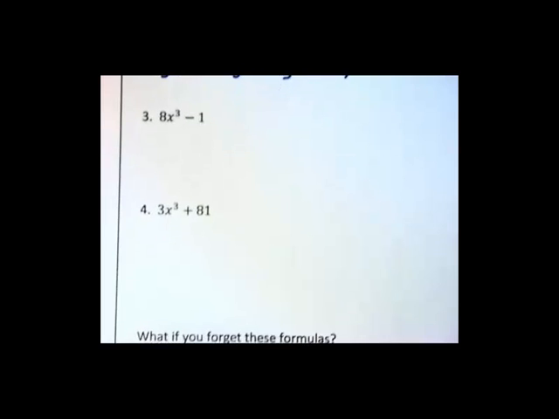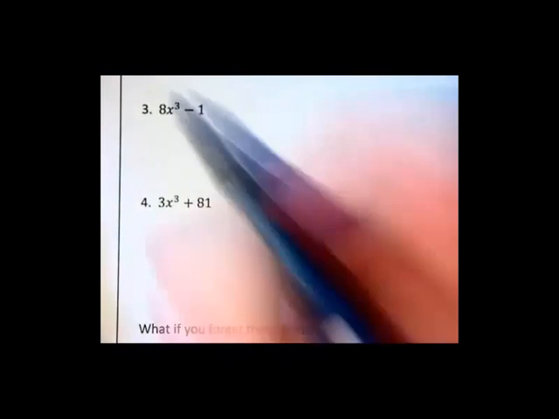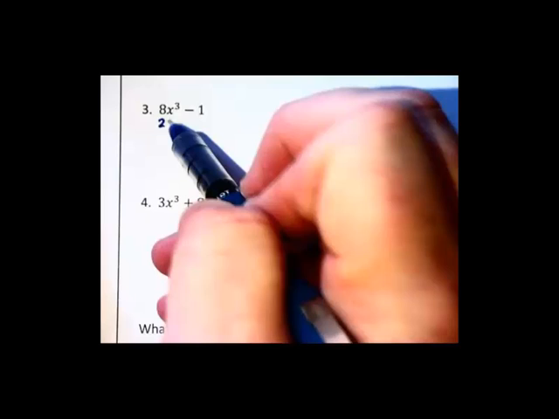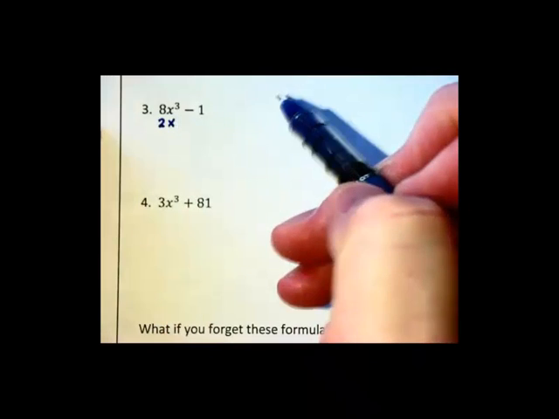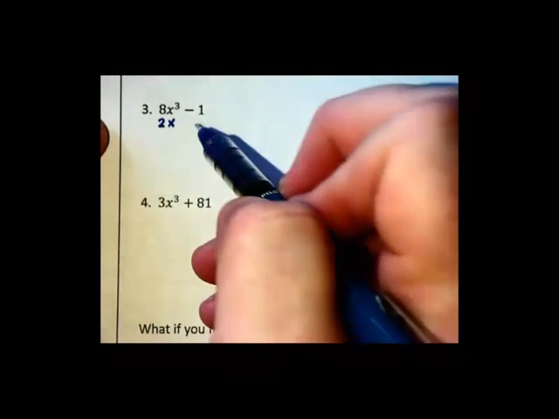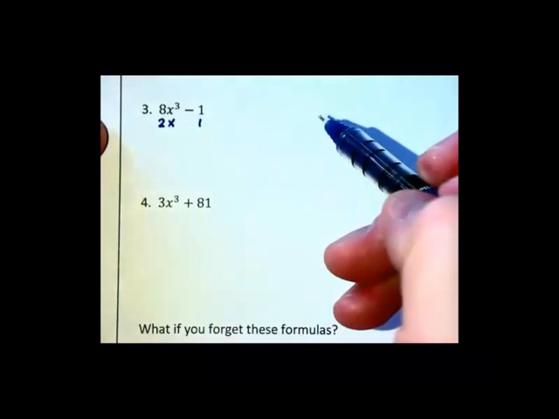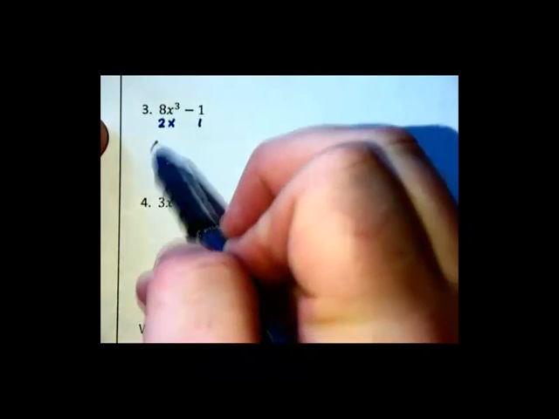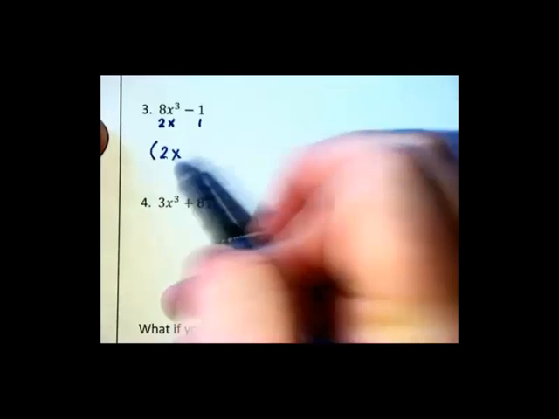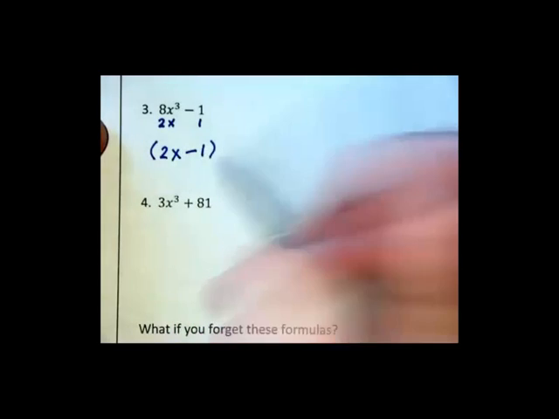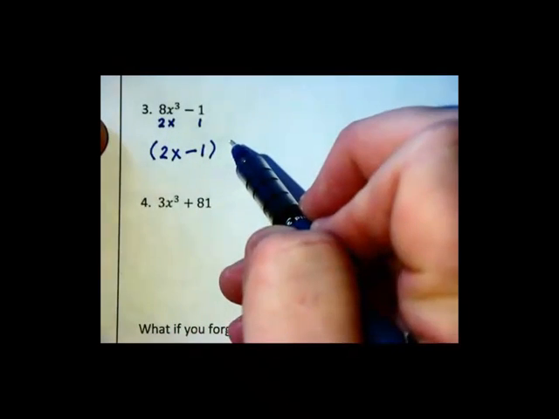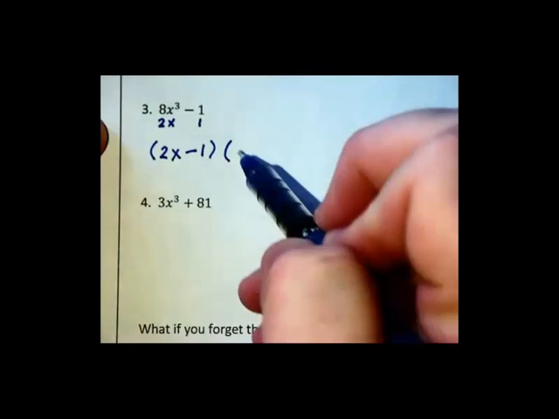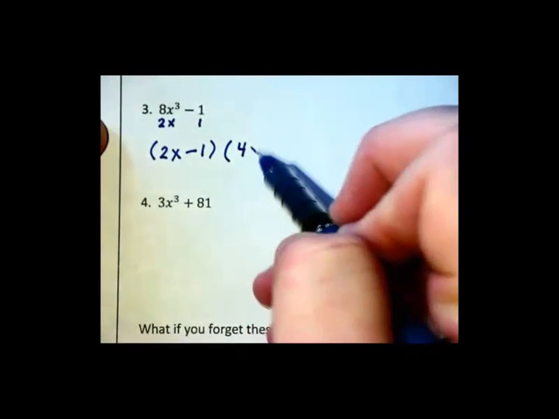Now we have 8x cubed minus 1. We notice that 8 is the cube of 2, so (2x) cubed makes 8x cubed, and 1 cubed is 1. So first parentheses, 2x, same sign, minus 1. Then I've got a squared, which becomes (2x) squared, which is 4x squared.